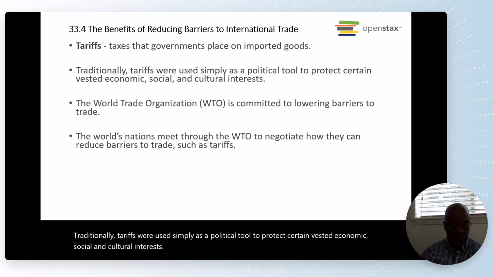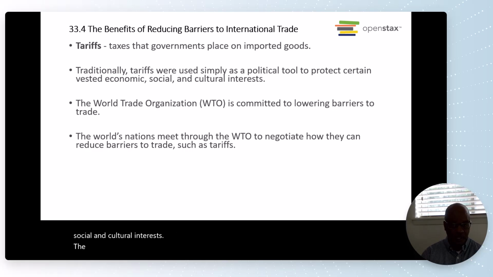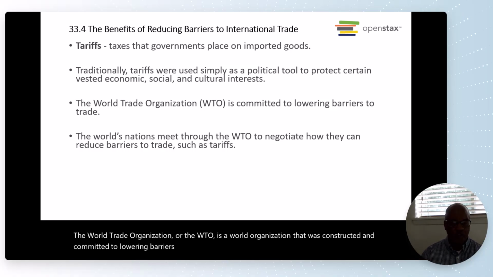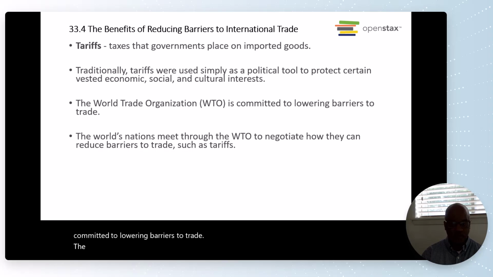The World Trade Organization, or the WTO, is a world organization that was constructed and committed to lowering barriers to trade. The world's nations, they meet through the WTO and they negotiate how they can reduce barriers to trade, such as tariffs.